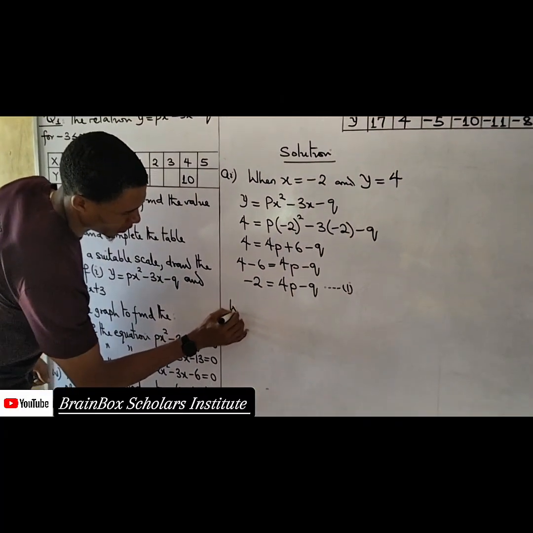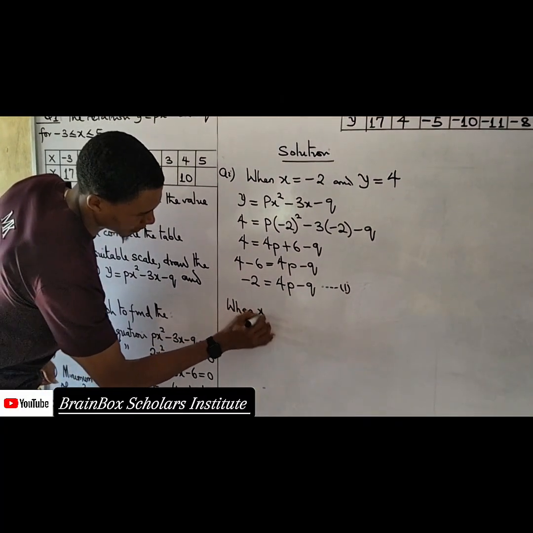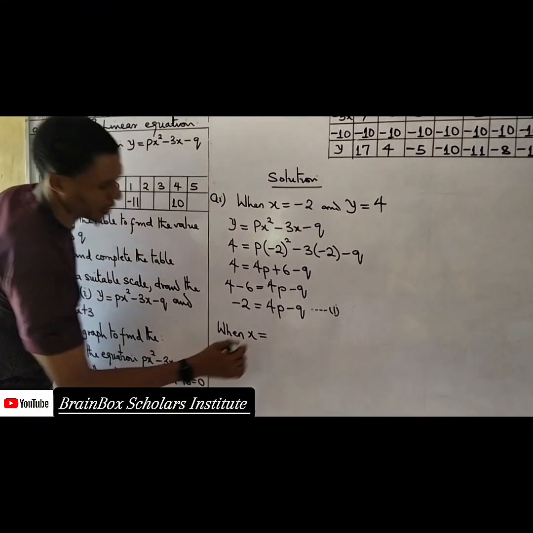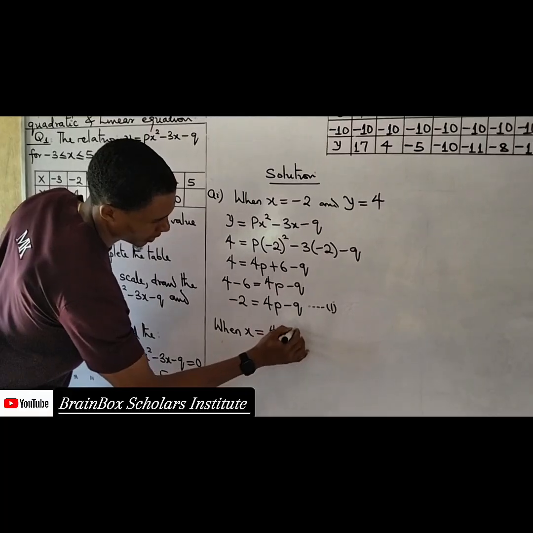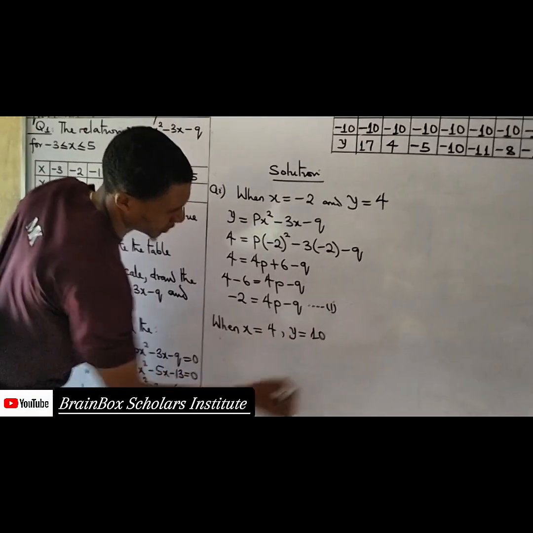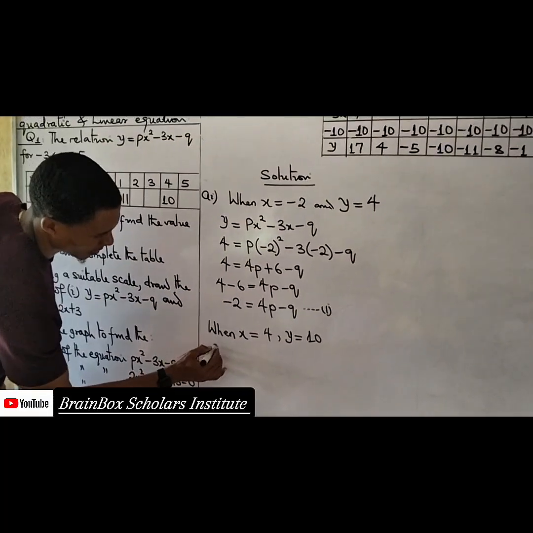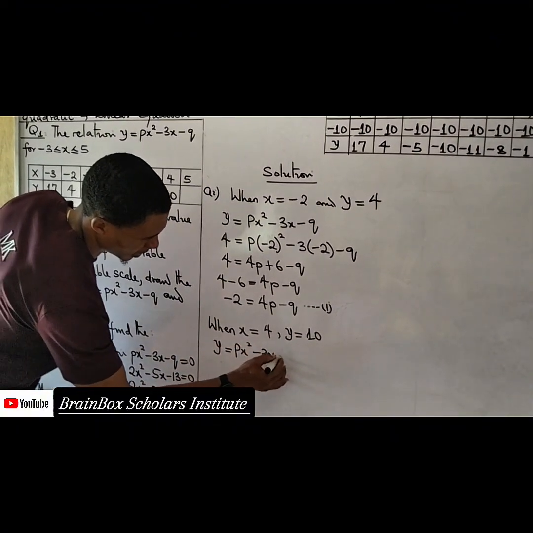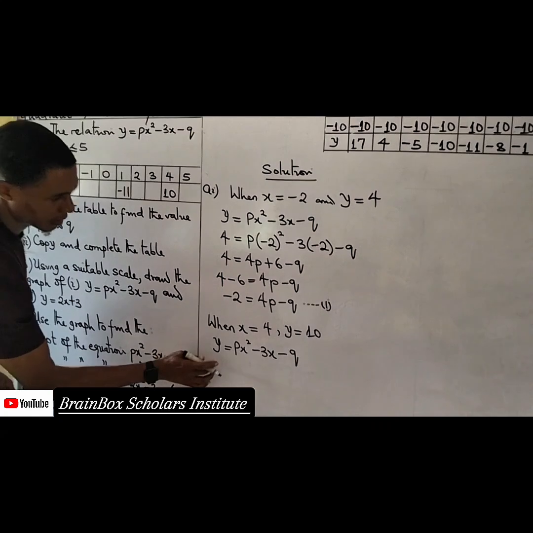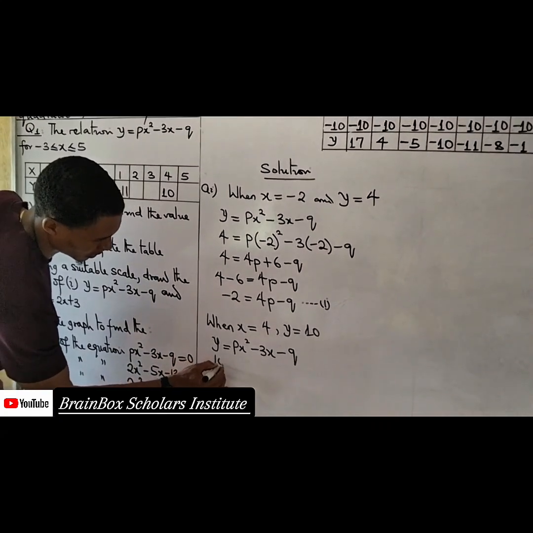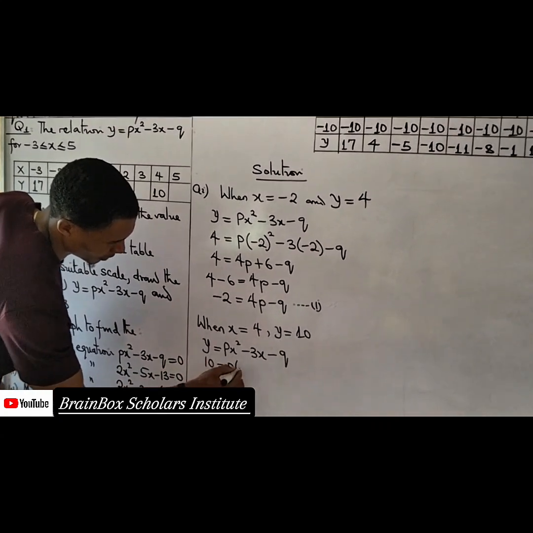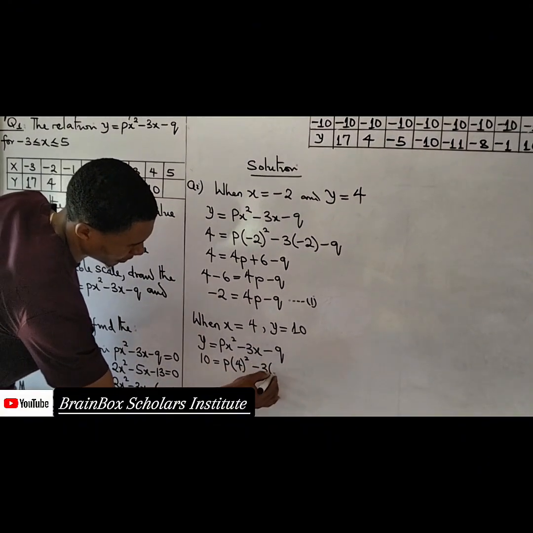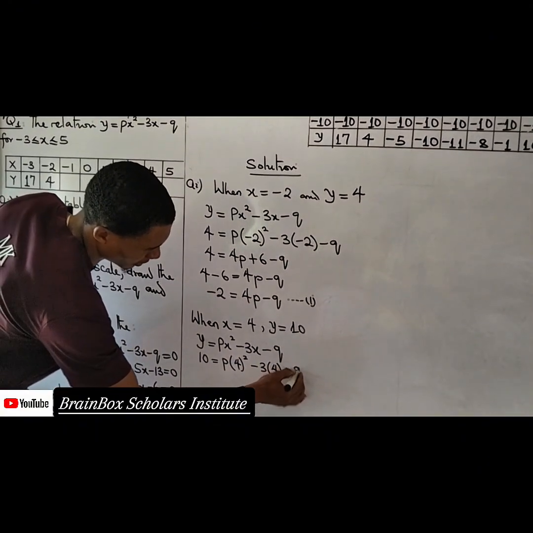Okay? So I'll go again. I say when x is equal to, so I'm going with this. Okay? When x is equal to 4, then y is equal to 10. So I'll now say my y becomes equal to ps squared minus 3x minus q. My y is 10, is equal to p bracket, x is 4 squared, minus 3 bracket 4, minus q.